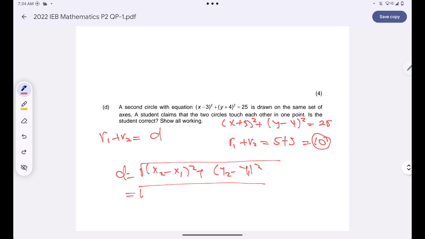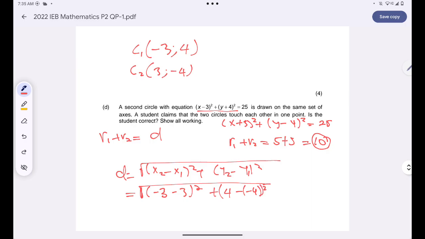The coordinates of the center of circle 1, they were negative 3 and 4. And then for circle 2, the coordinates are positive 3 and negative 4. Okay, so for me to find the distance apart, I just need to say negative 3 minus 3 all squared plus 4 minus negative 4 all squared.